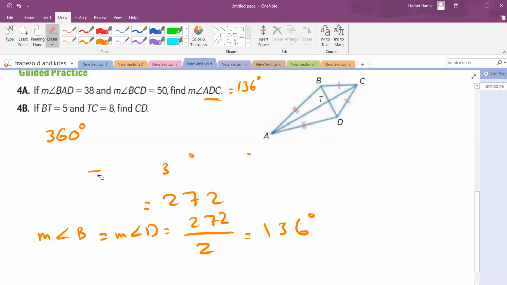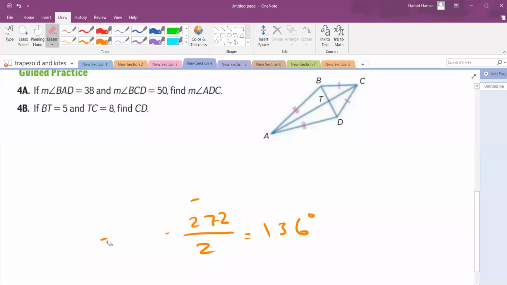And start solve. What's the next question? And the next question, we have PT equals 5, BT, so this one is 5.